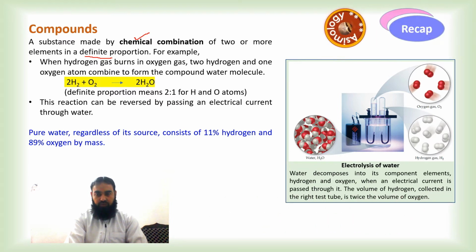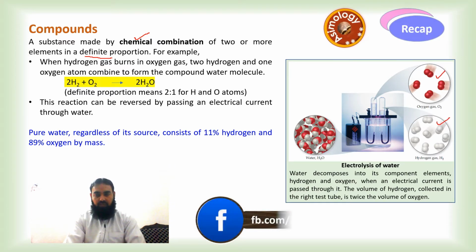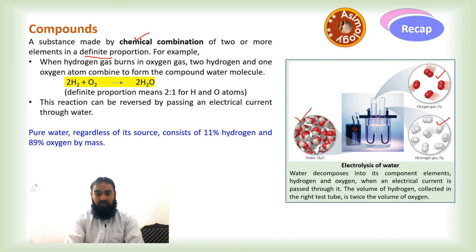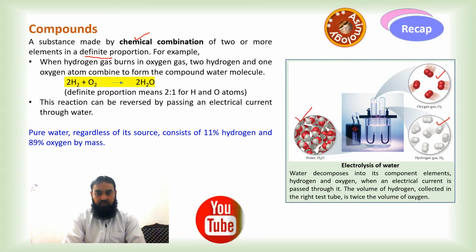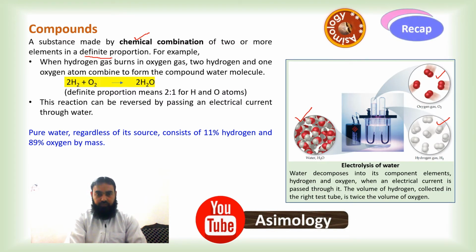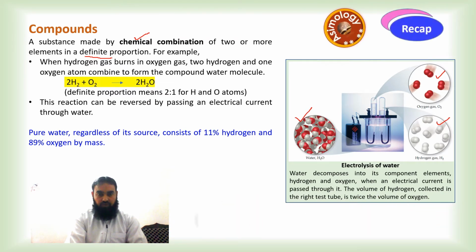One is oxygen and second is hydrogen. So these two elements, when chemically combined together, form a new substance which is called water, and a water molecule is a compound molecule. It has two substances, hydrogen and oxygen in it, and there is a fixed ratio.